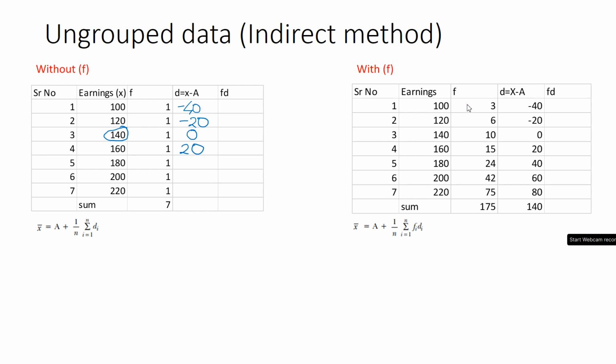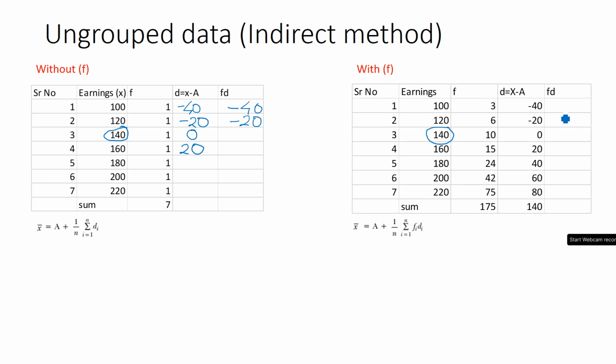So if you see, I have also considered the assumed mean here to be 140. Now, as I told you, I considered the frequency to be 1. So, fd rather than fx, we would calculate minus 40 into 1, again minus 40, minus 20 into 1, minus 20.